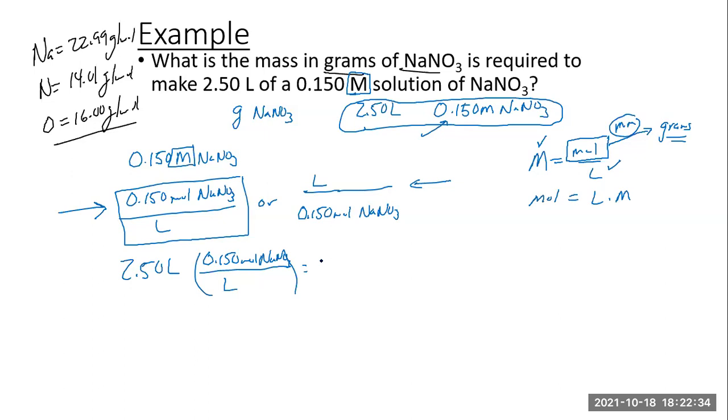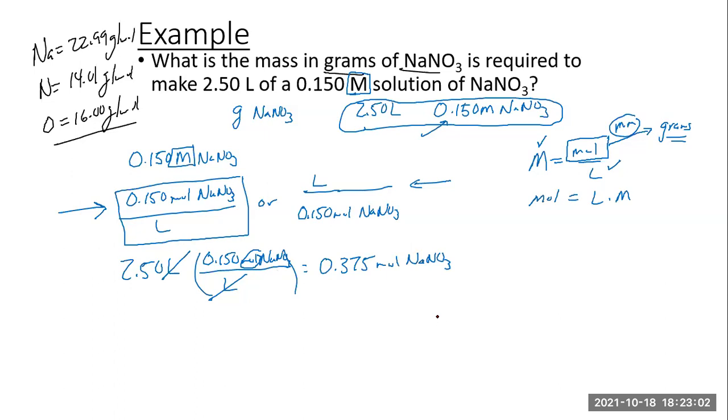We end up with 2.5 times 0.15, which gives us 0.375 moles of sodium nitrate. The nice thing about this is you can clearly see the units and what is canceling and what is not canceling. In this case it is moles. Any questions up to that point?